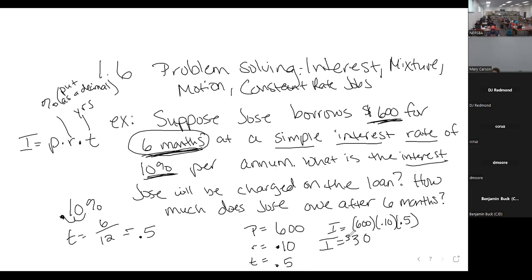Very good. That means that you're going to have to pay back $30 in interest if you borrow that amount for 6 months at 10% per annum. That means per year. Okay. So that's the first part of the question. What is the interest you will be charged? And then how much do they owe after 6 months? What are you going to have to do to figure out the total amount? What would you do?